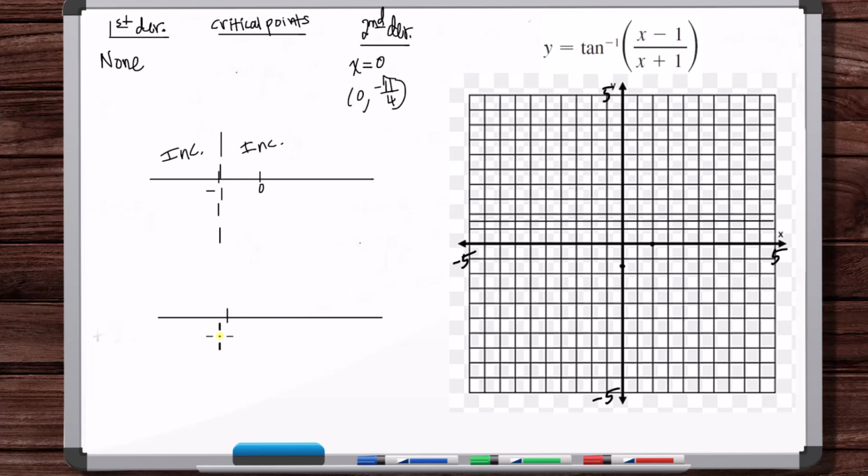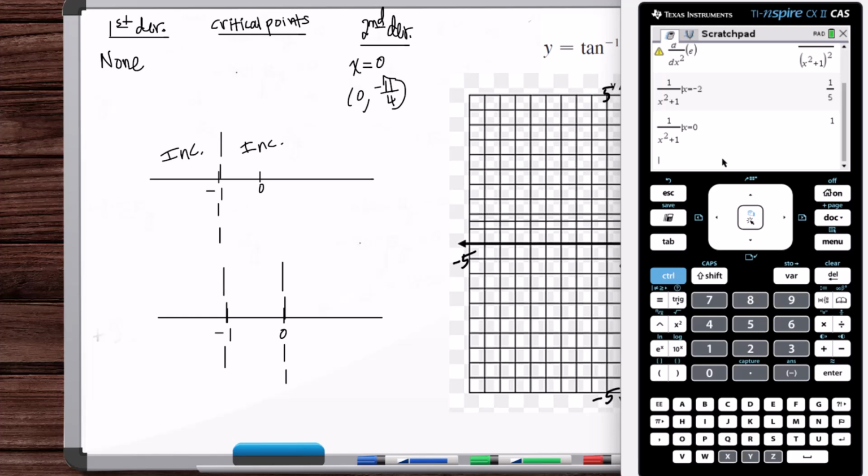What about the second derivative? We'll check at minus 1 and we'll also check at 0. With x is equal to minus 2, okay, concave up.